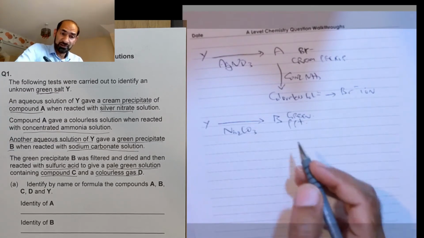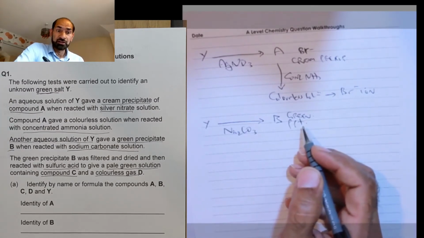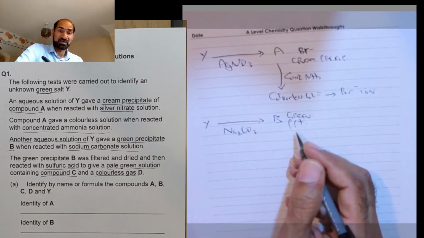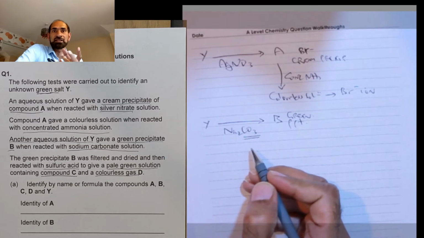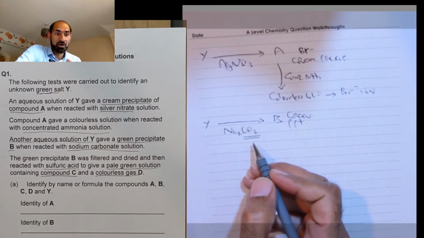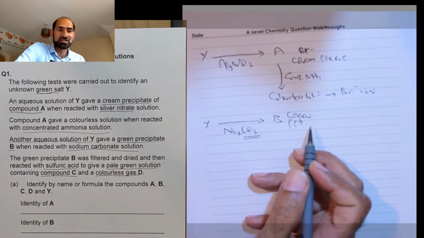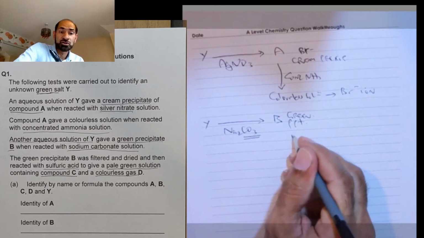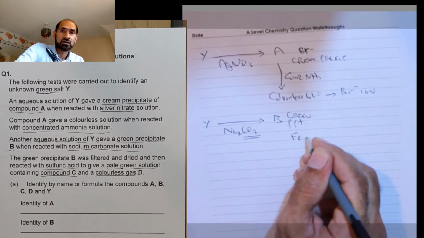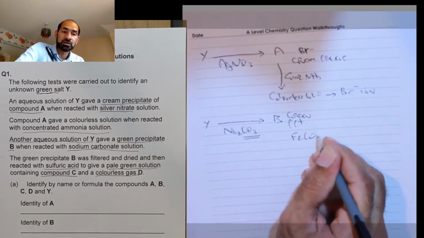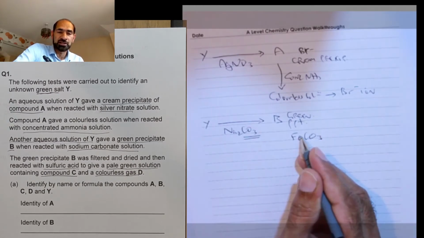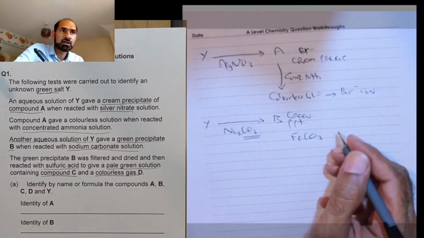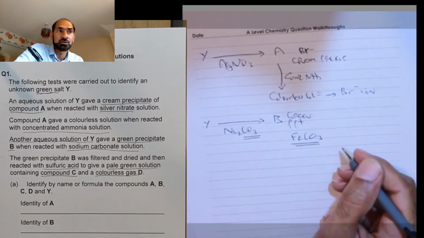But if you have done it, then you'll know that this green precipitate is probably, because remember, what kind of transition metal ions react with carbonate to give a green precipitate? Well, you should know that it is iron carbonate. So it's probably iron carbonate, and it's the Fe2 oxidation state, not Fe3. So this must be FeCO3.